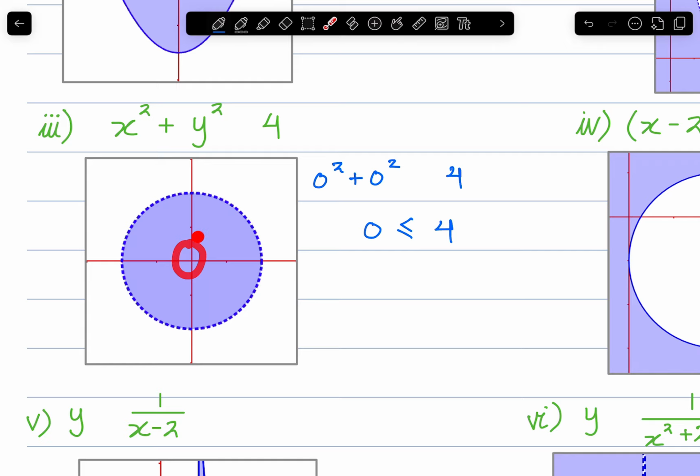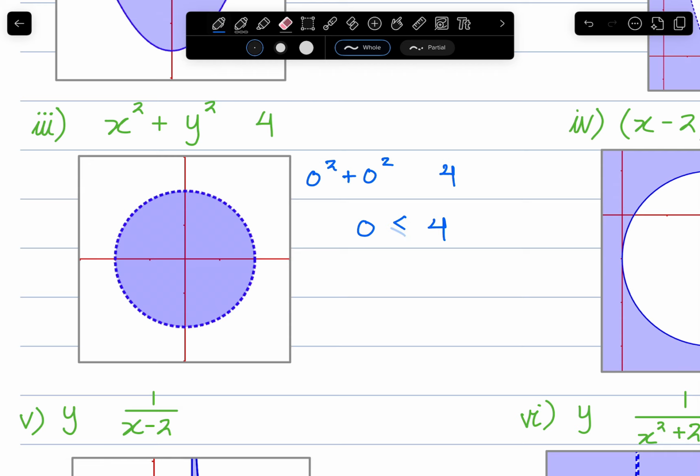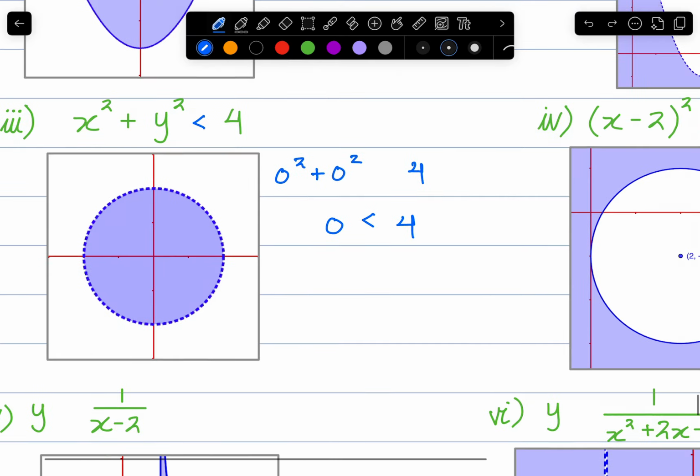So we picked 0, 0, tested in x and y, and we can see that 0 is less than 4. Oh, sorry, we don't need the solid line because it is dotted. So the inside of a circle is less than the radius.